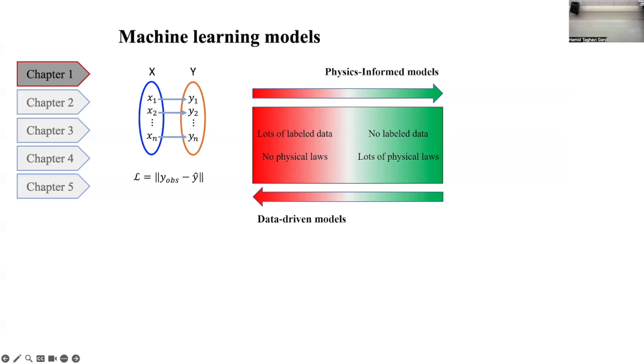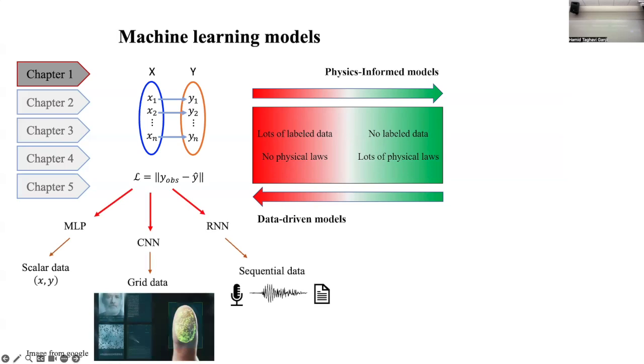In this model, we have access to labeled input-output data pairs, and the way we define our loss is the difference between the predictions of this network and the ground truth observations we have as the labeled data. Depending on the structure of the data, we have different approaches.